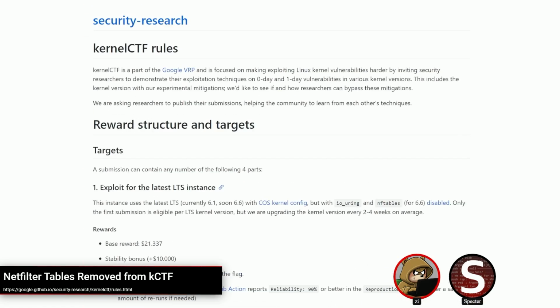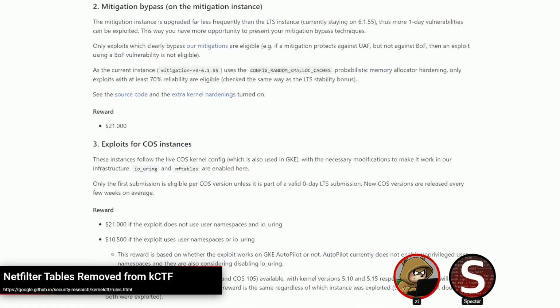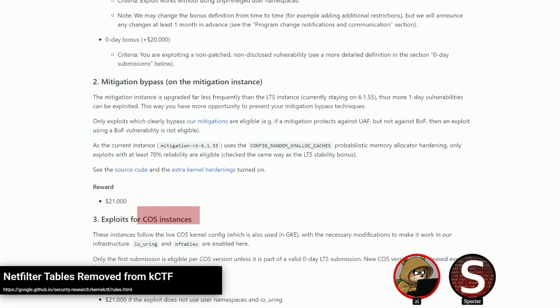And one note: on their latest LTS instance, they do use their COS kernel, their Container-Optimized OS kernel configuration. So it's the latest LTS, but they do have a separate COS instance, which is the kernel config and setup used, I think, within Google Cloud in general.